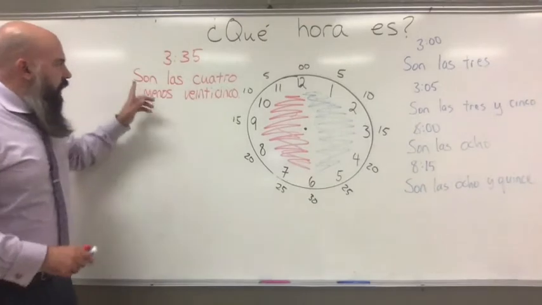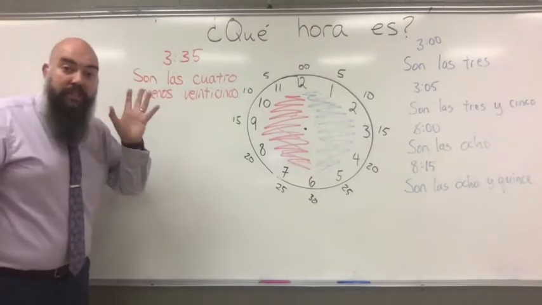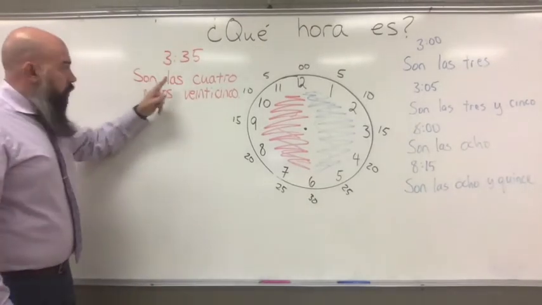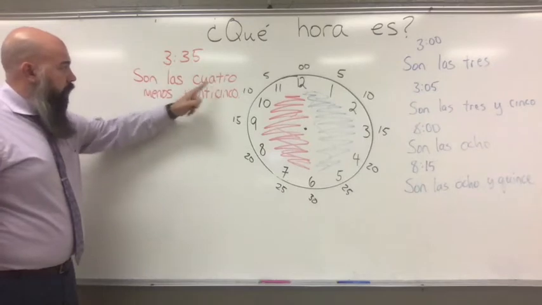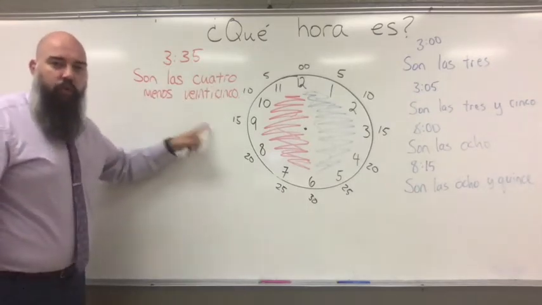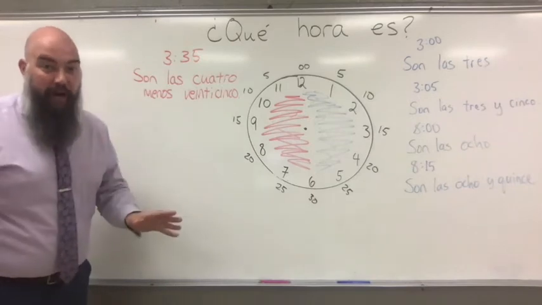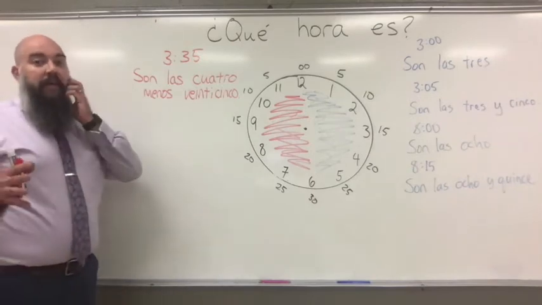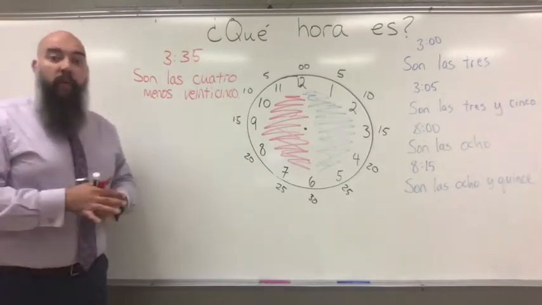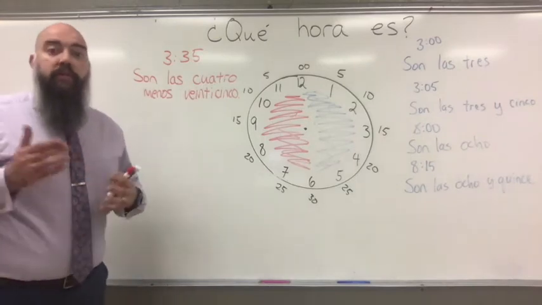What we are saying is it's 4, son las 4, it's 4 minus 25. I know, it's a math problem, but it's a lot like what we would say if someone asked, what time is it?